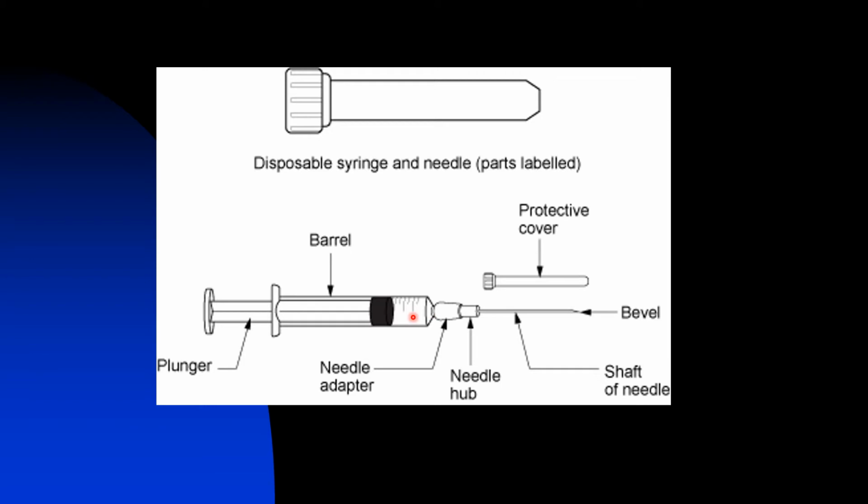The solution inside the barrel, we will push it, and the needle adapter is there, needle hub, and the needle, that is the shaft of the needle, and the bevel, it's the angulated one, and the protective cover. Between the barrel and plunger the solution is there, and the needle adapter, needle hub, and the shaft. The last tip is called the bevel.